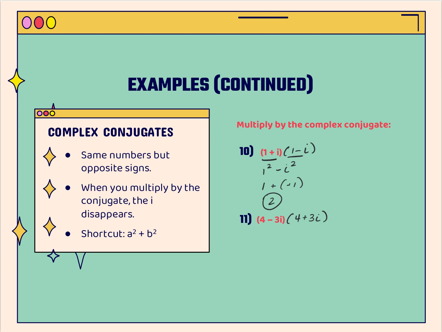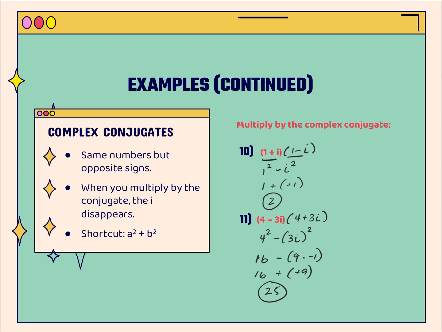Again, because it's a difference of squares now, it's 4 squared minus 3i squared. So that's going to be 16 minus, and then 3 squared is 9, and i squared is negative 1. So this is going to be 16 minus negative 9, which is really plus, so it's going to be 25. And so again, this is when you're going to use conjugates when you happen to have i in the denominator, okay?